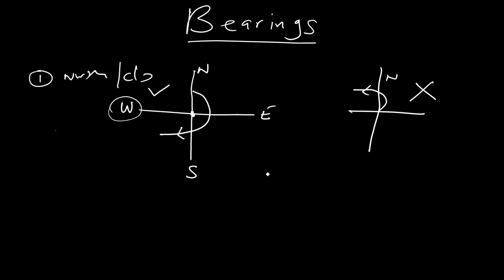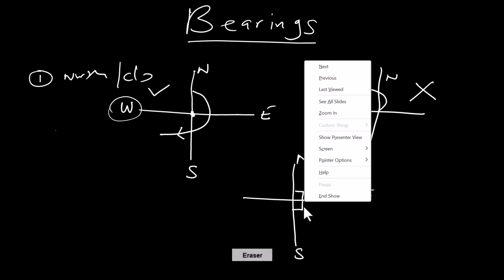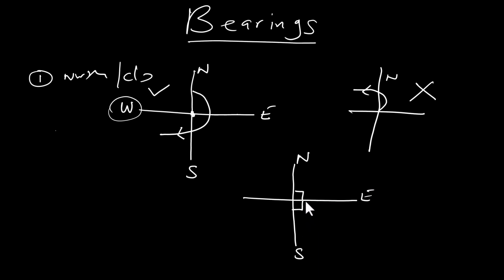Now, one more thing. From the north to east here is 90 degrees, and from north to south is 180. It means that east to south is from 90 degrees. So we have 90 here.